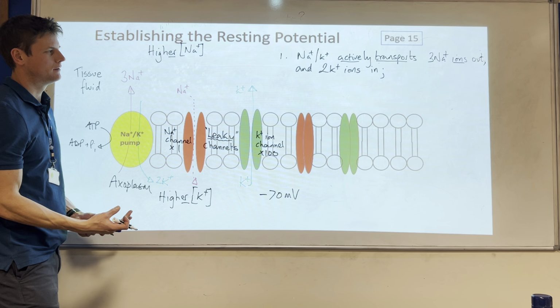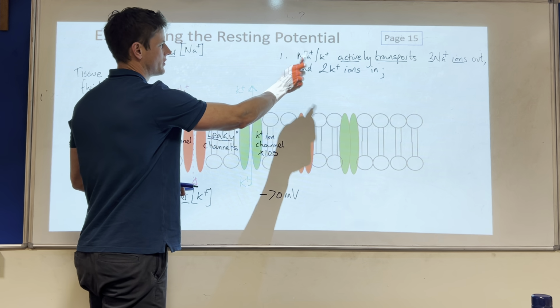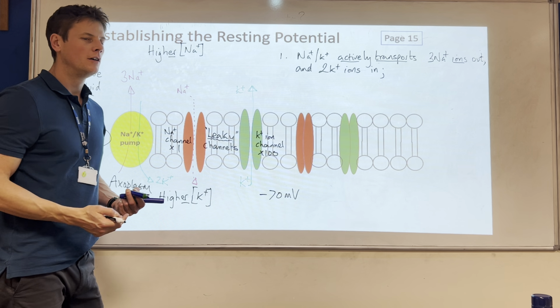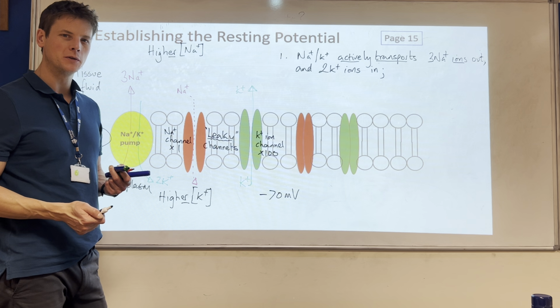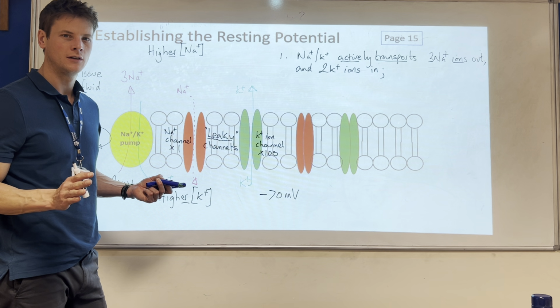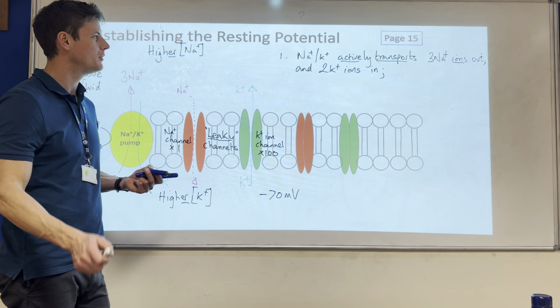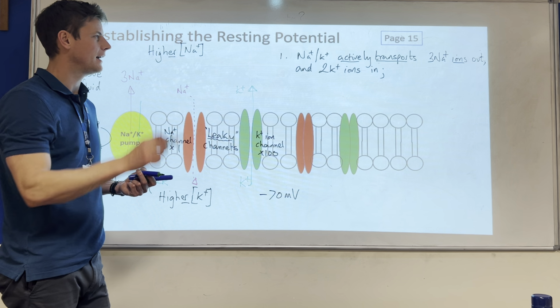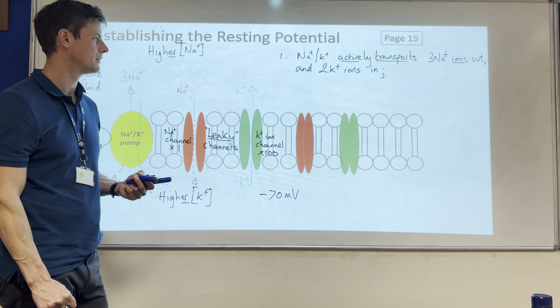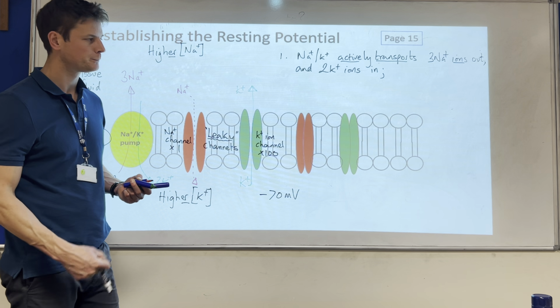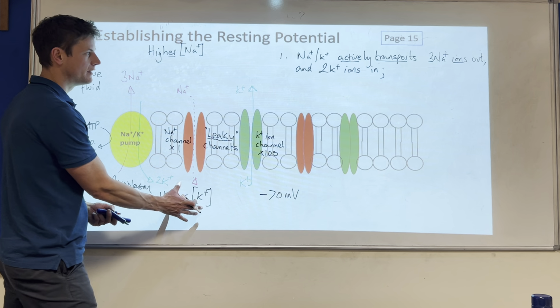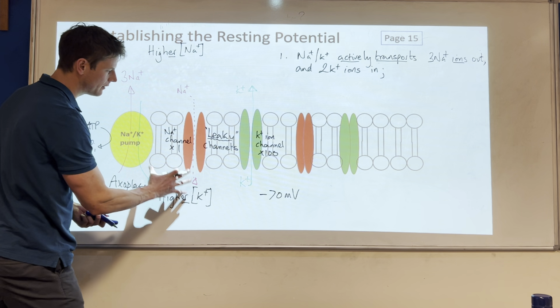In the exam, you wouldn't actually have to include this 3 and 2. So if you're likely to confuse those, just leave it out. Okay, it's safer to forget the 3 and 2, just go with sodium ions being actively transported out, potassium ions actively transported in.